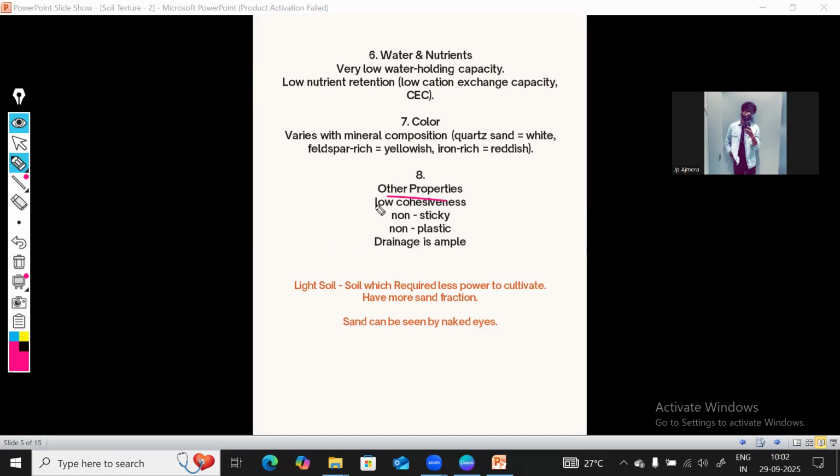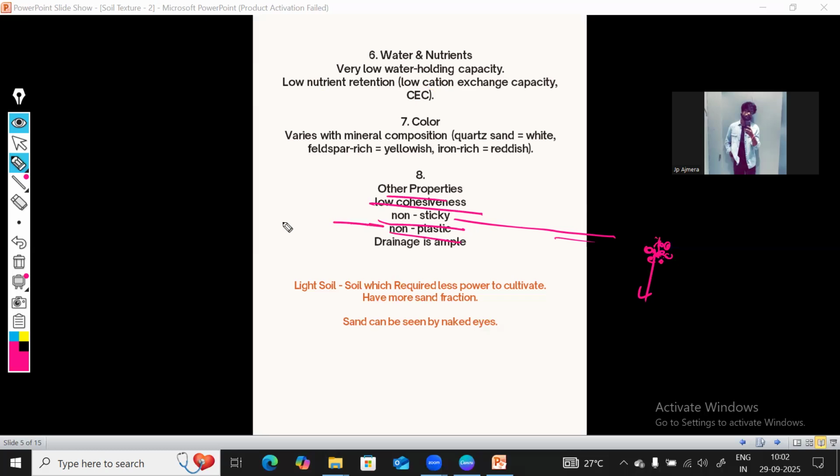Other properties: low cohesiveness and non-sticky. What is sticky? When water moves through the particles and more of it stays in the particles, it becomes sticky. It is about the presence of water. Also, no plasticity.